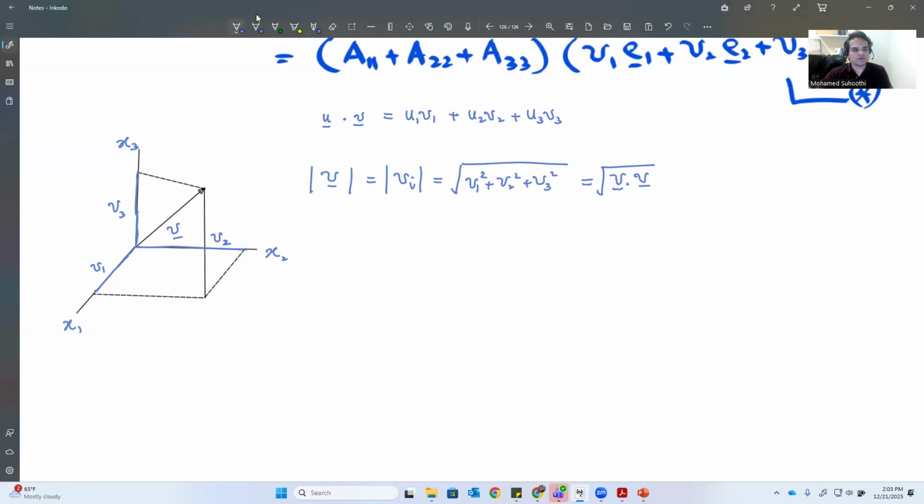So now if I multiply the vector with the same vector, both are V1 V1, V2 V2, V3 V3, you will end up with V1 squared plus V2 squared plus V3 squared.